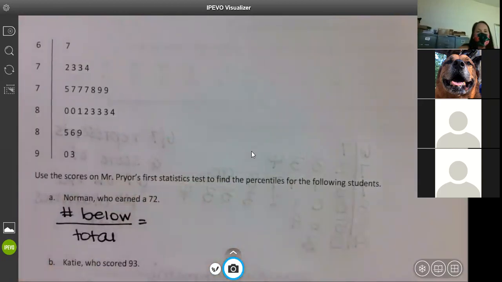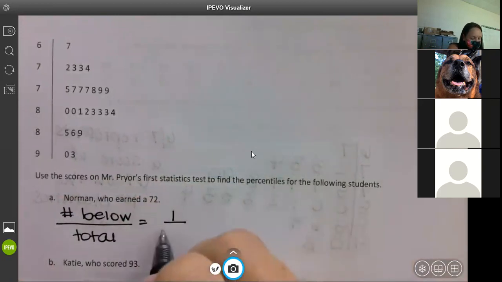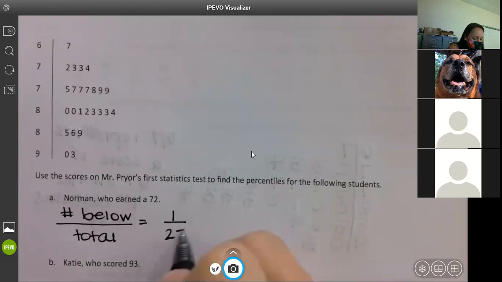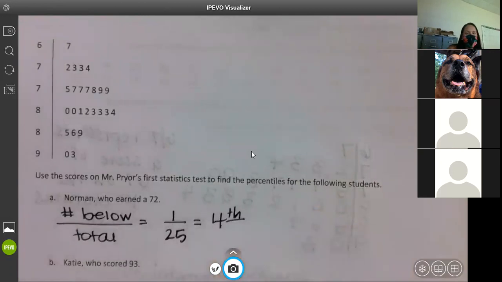So Norman had a 72. How many people were below that? 1. Out of how many total took the test? 25. Which makes Norman in the 4th percentile.